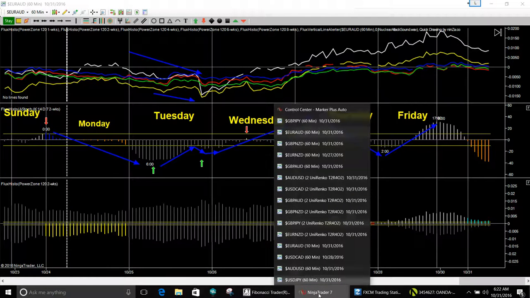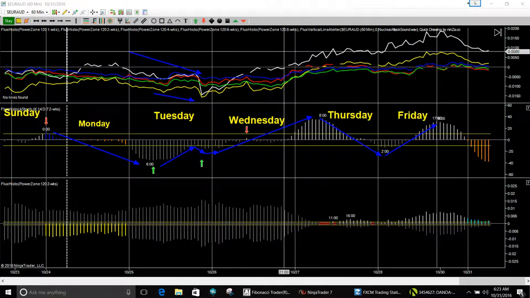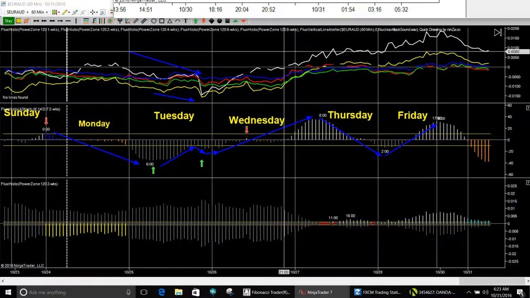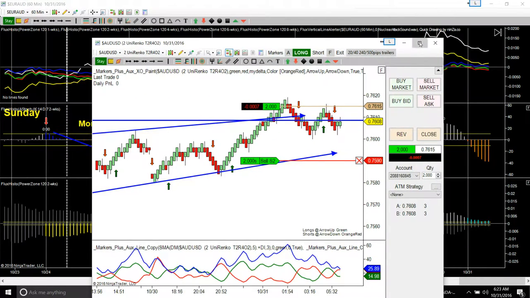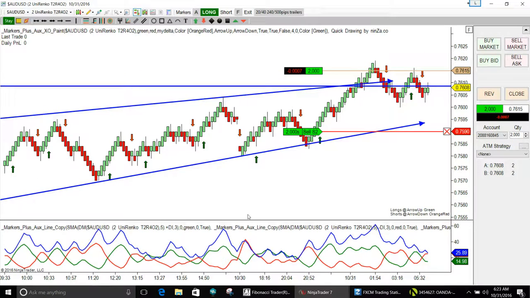All right, let's switch over. I'll show you some of my auto trader setups that I use, and then basically I use those. This is the Australian US dollar. Here's one of them, and this is something that Earl Henley had used as well.